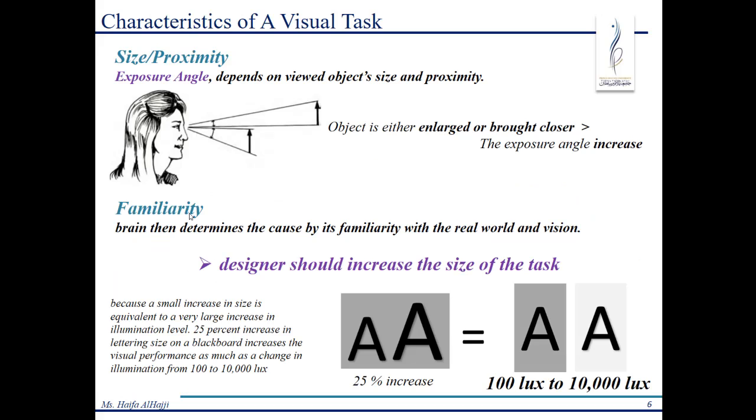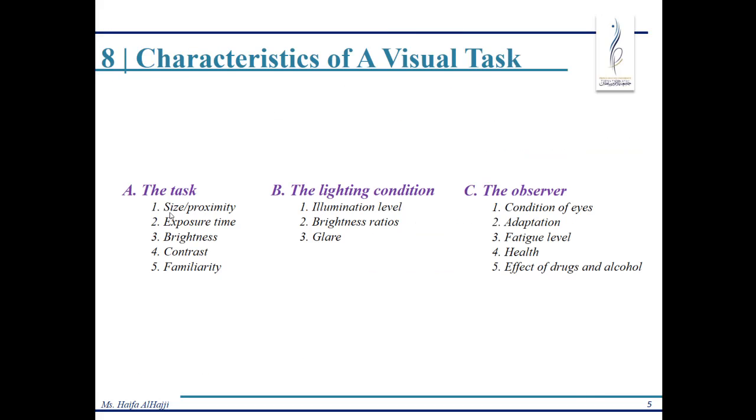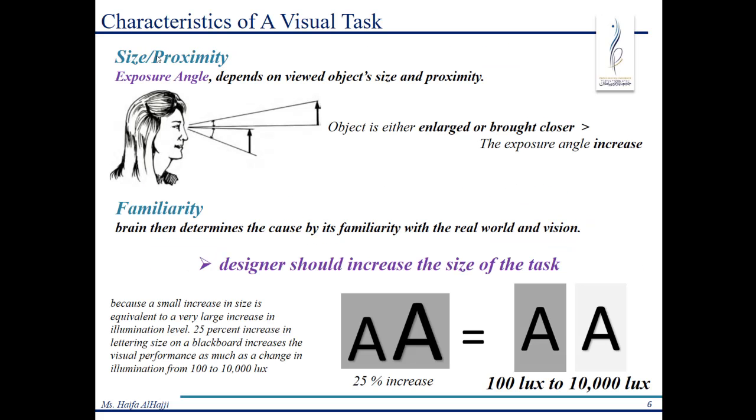Okay, so I'm going to talk about each one of these in more depth now, the task itself and its characteristics. The size. When we measure the size of anything in the task, we don't measure the height or the width of it. We measure the exposure angle.